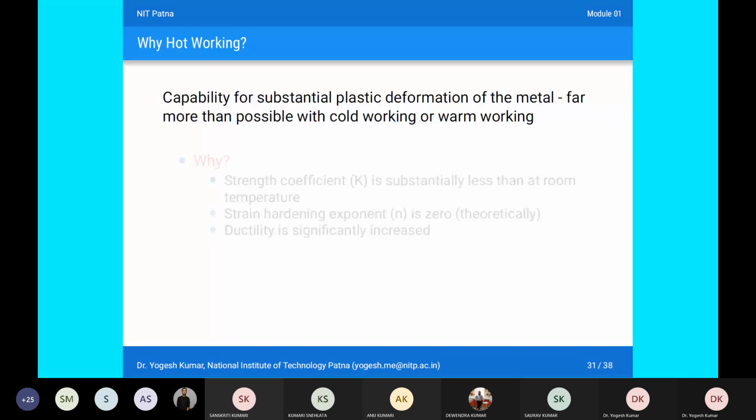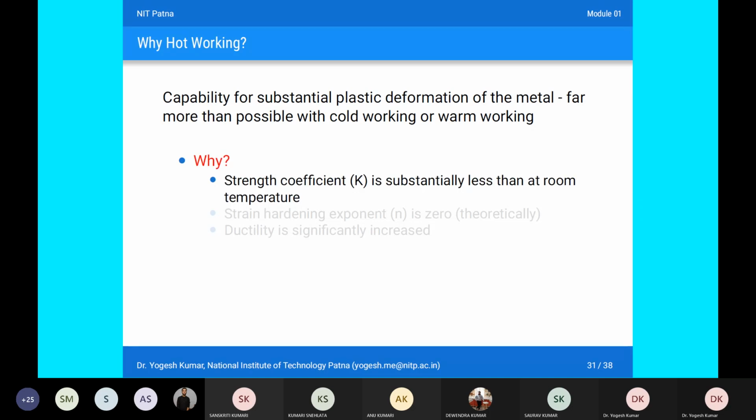So why do we go for hot working processes? There is a capability of substantial plastic deformation of metal, far more than is possible with cold working or warm working, because since we have increased the temperature, the power requirement has been reduced. Why is this power requirement reduced?